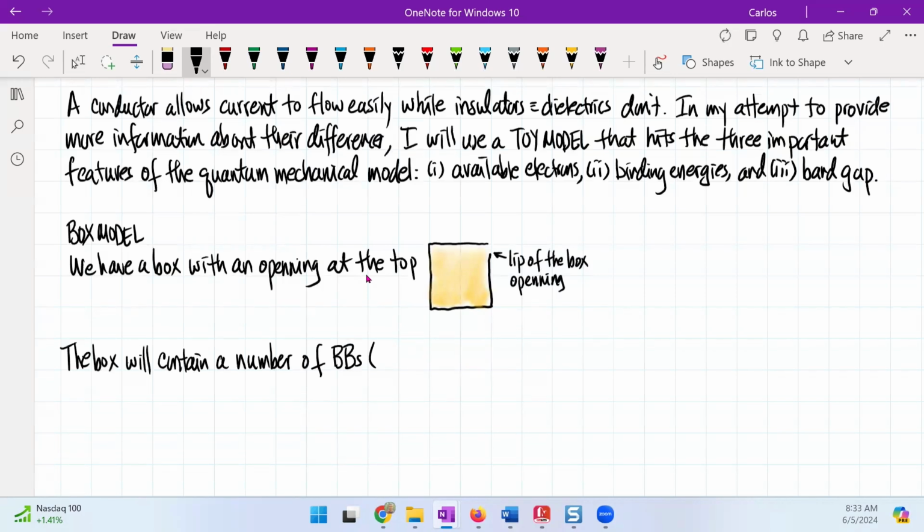In other words, small ball bearings that will experience a shaking force.